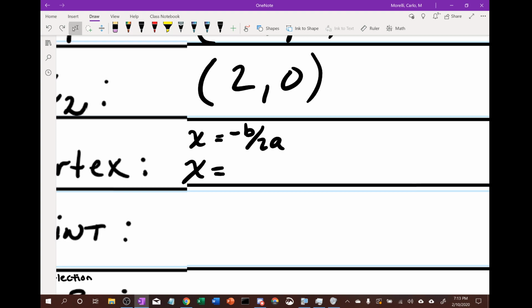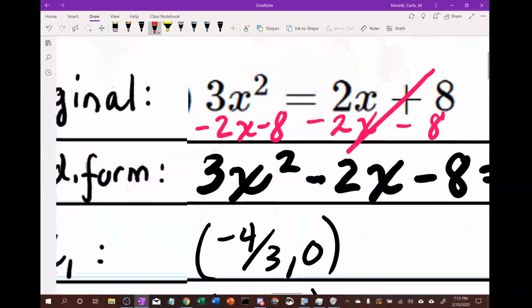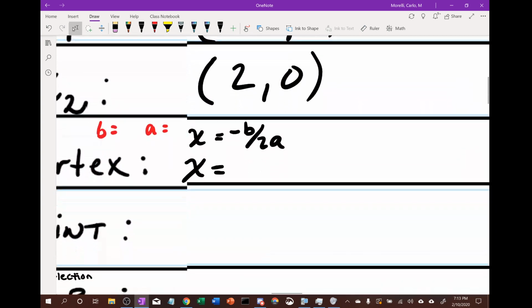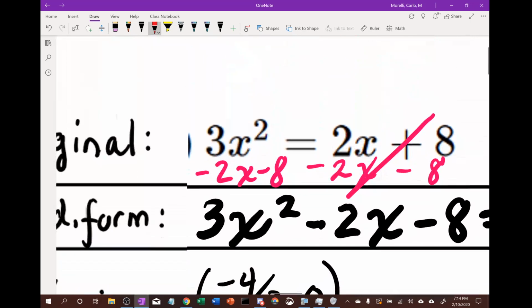I need help filling this out. For this, I need to know what b equals and what a equals. Well, here's your a original. a equals 3.